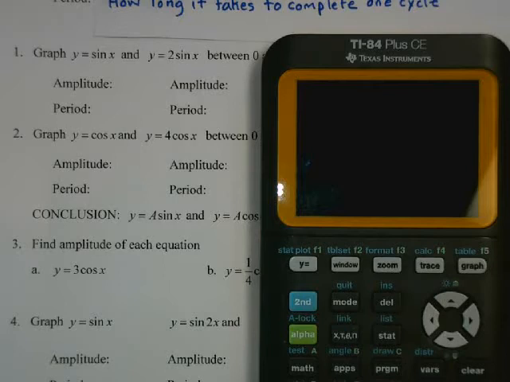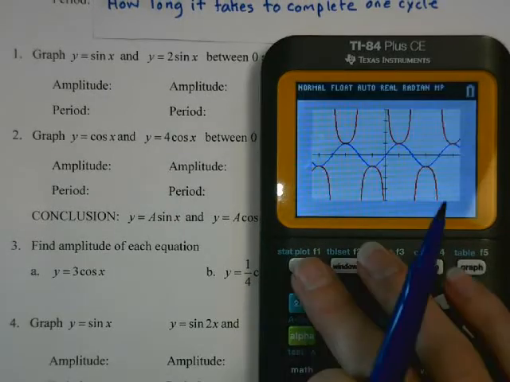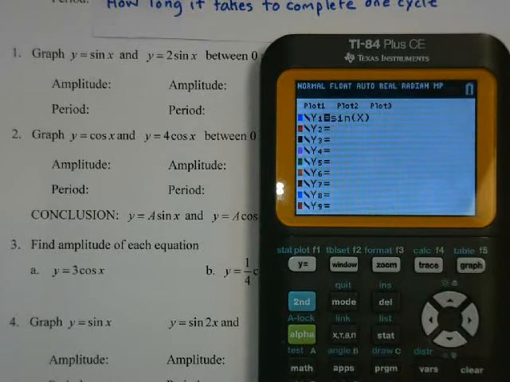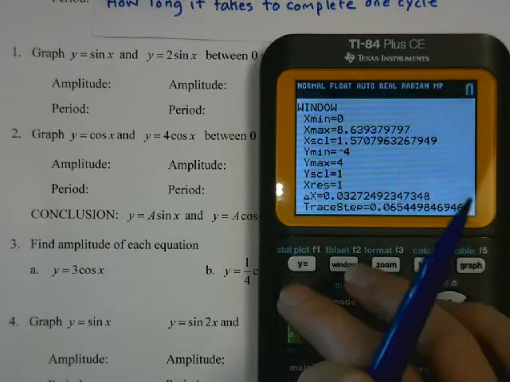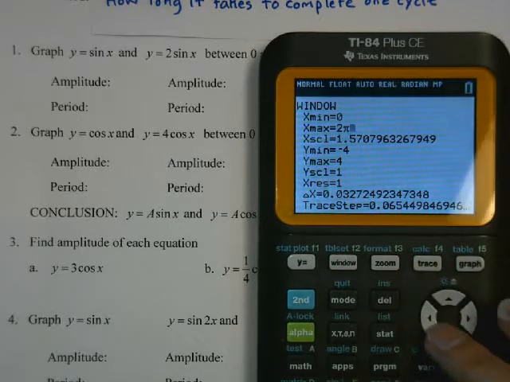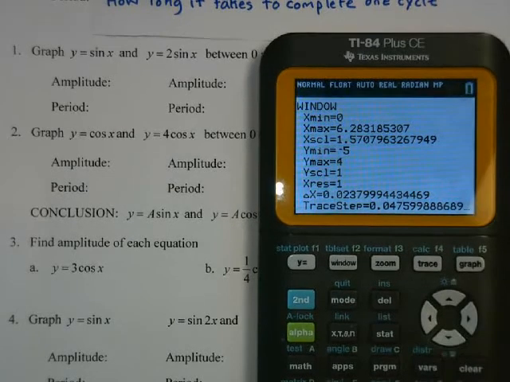I'm going to use my calculator to come up with some conclusions. So on the calculator, we're going to graph sine of x and 2 sine of x. For my window, I'm going to go from 0 to 2 pi in the x direction, and my y is going from -5 to 5. So we're going to graph.